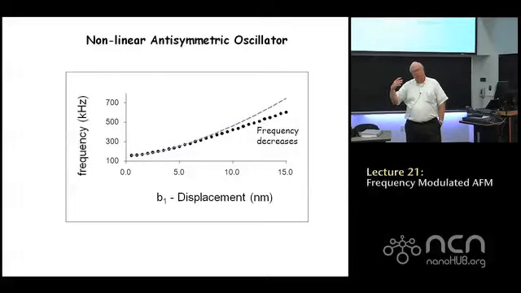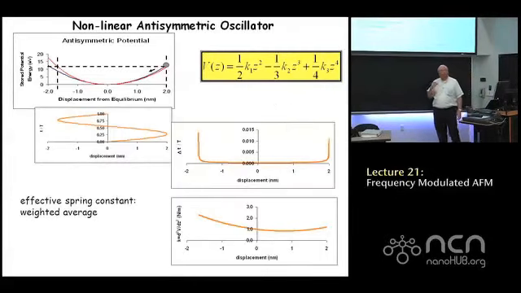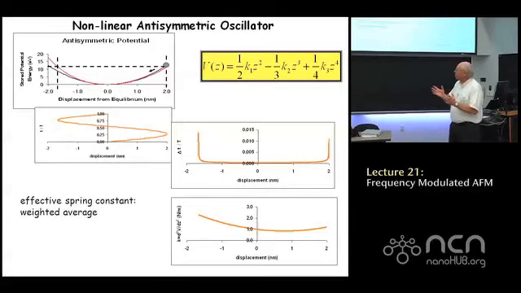So the point is, for an asymmetric well, you start to get a frequency decrease as the amplitude of oscillation of the cantilever or the particle in this well gets bigger and bigger. And not surprisingly, these are the standard plots that we've already discussed. You can start to ask the question, how much time does the particle spend at different points in the well?